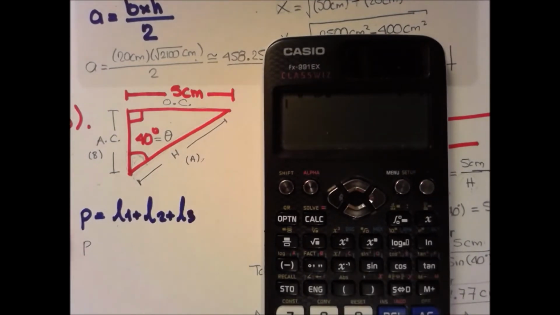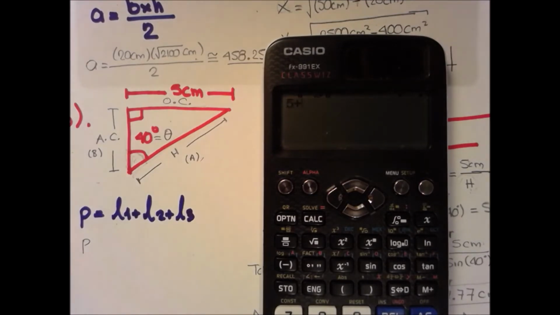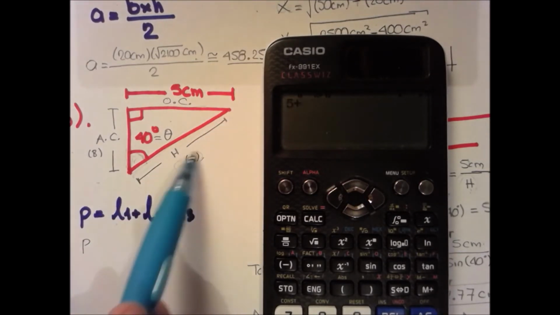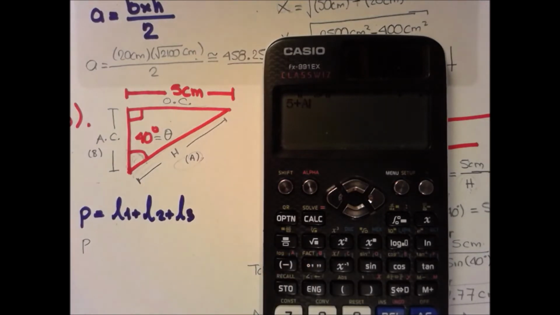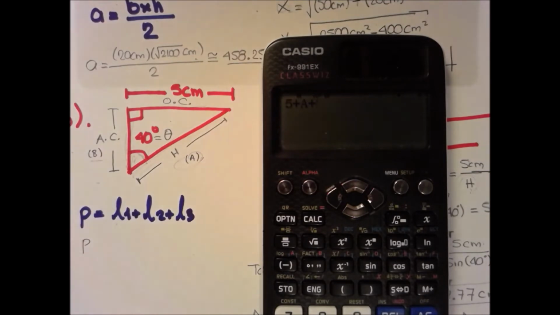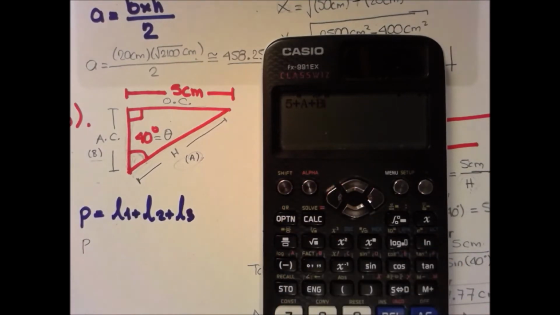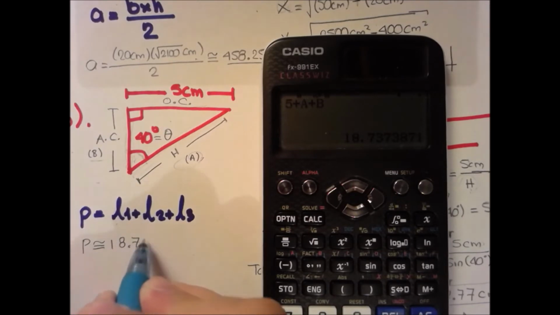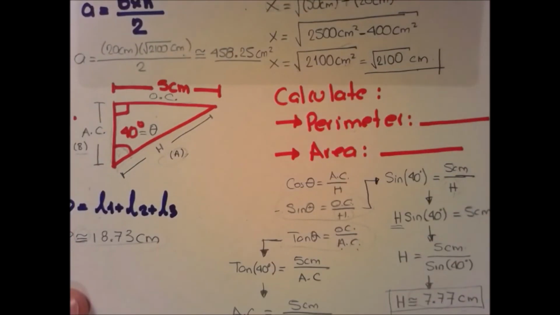I'm just going to write first of all this one, 5, plus this one that is A, alpha A, plus this one, who is this one in my calculator, B, alpha B, and this is going to be approximately 18.73 centimeters.